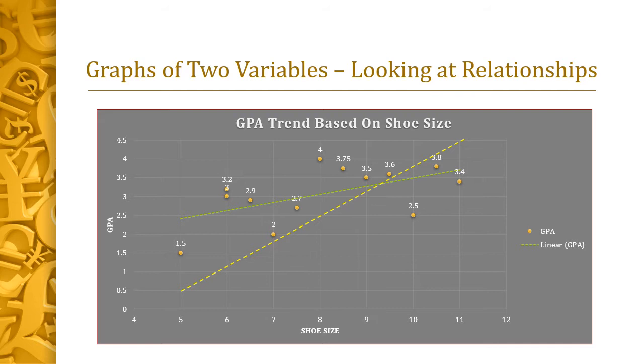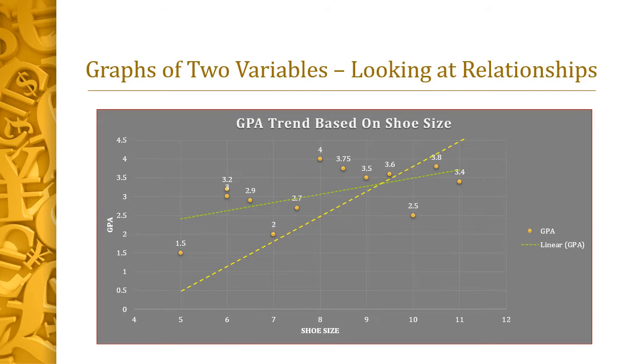So in this case, if we're looking at somebody who has a size 8 shoe, now we're seeing that basically it's going to be a 2.5 GPA. But what's more important is the angle of the line. The angle of this line is much steeper going this way than the green line is going that way. So that steepness tells us that that trend is more likely, or basically one variable really affects the other variable.